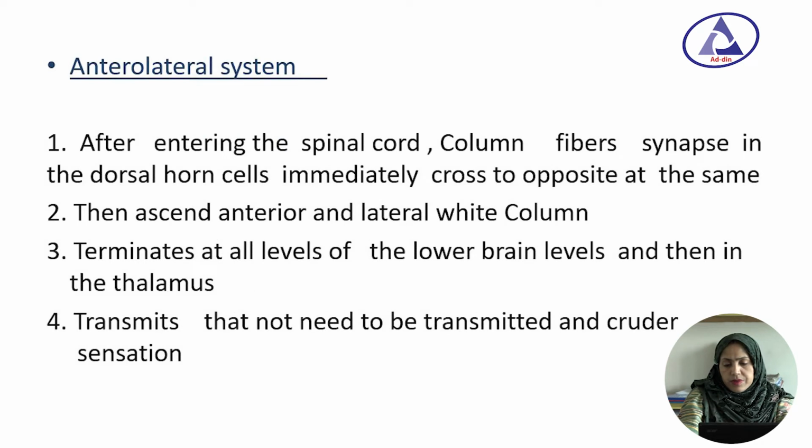But in the anterolateral system, after entering the spinal cord, the fibers synapse in the dorsal horn cell and immediately cross to the opposite side at the same level, and then ascend through the anterior and lateral white column and terminate at all levels of the lower brain and then in the thalamus. This is the main difference between the dorsal column medial lemniscal system and the anterolateral system.